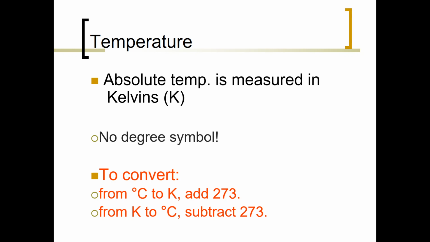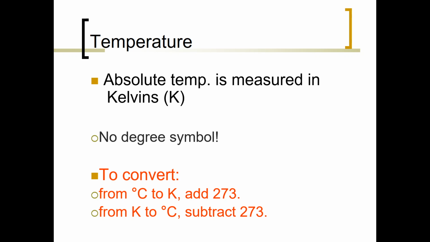So make sure that you make note that the conversion factor is to add or subtract 273.15. Now, we're only going to be dealing with Celsius or Kelvin. Fahrenheit, we don't have to convert because we will not use Fahrenheit in this class.